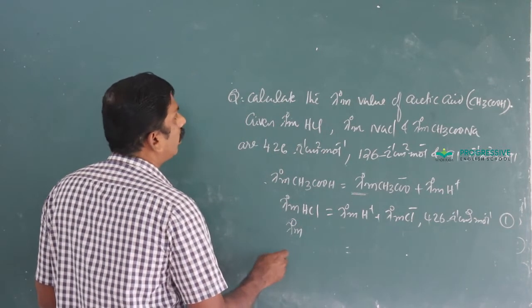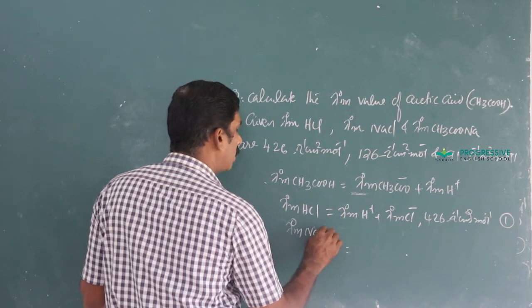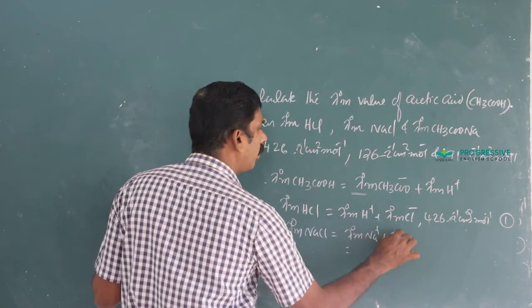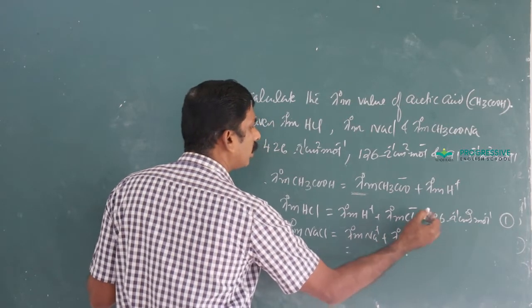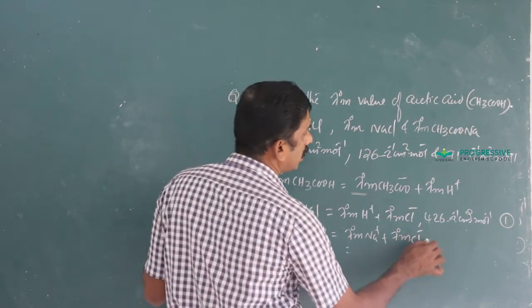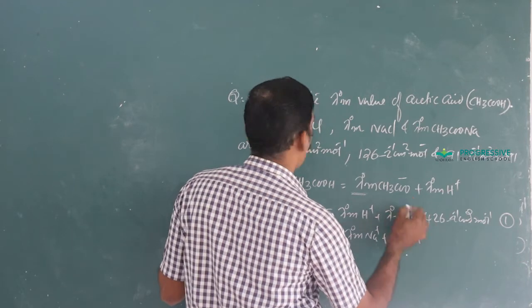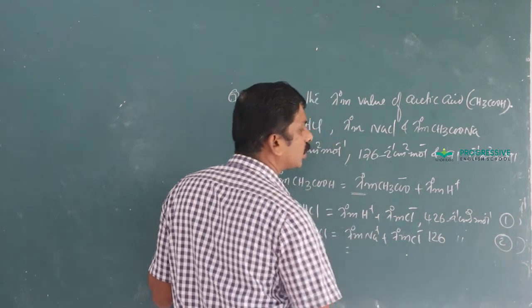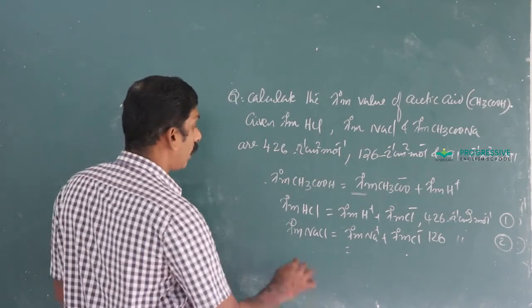Lambda 0m NaCl equal to lambda 0m Na plus lambda 0m Cl minus, the value 126 ohm inverse centimeter square mole inverse.